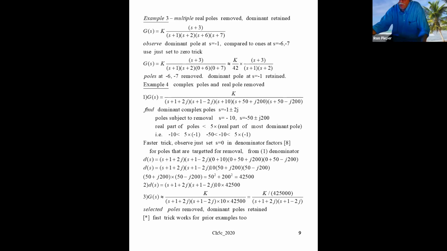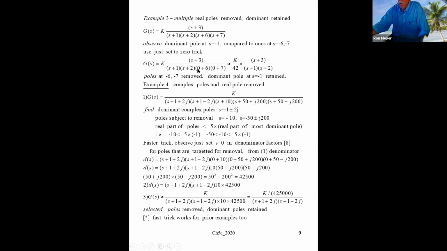Therefore, both roots, not just one, are candidates for removal. And again, the shortcut, once you recognize that, would be to set the s's equal to 0 in those factors that correspond to those negligible poles. You can't just completely throw the factor away, because the information of the 6 and the 7 is important.